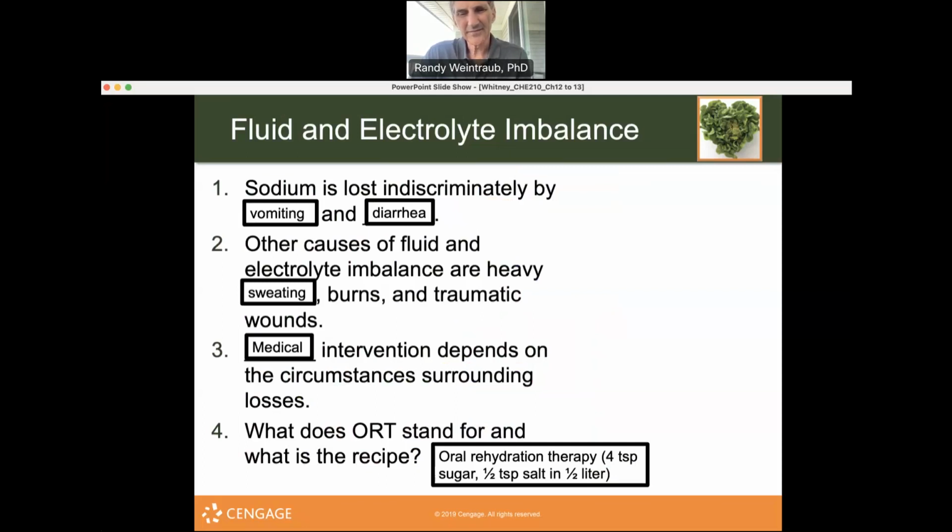To dissolve the sugar and the salt in water, you'd have to heat up the water, maybe to boiling, to dissolve, and then cool it. And that's ORT.